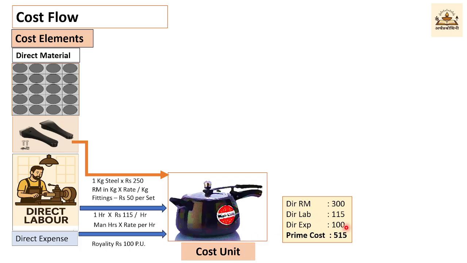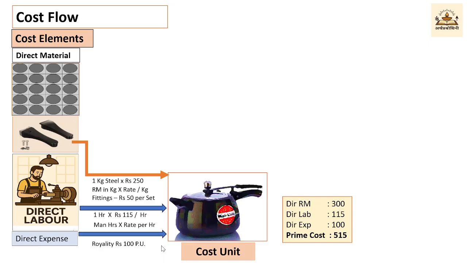So the direct expenses is 100 rupees. Clubbing these three, that is direct material, direct labor, and direct expenses, we get prime cost, which is otherwise called the direct cost of this product. So the direct cost of this product is 515 rupees.